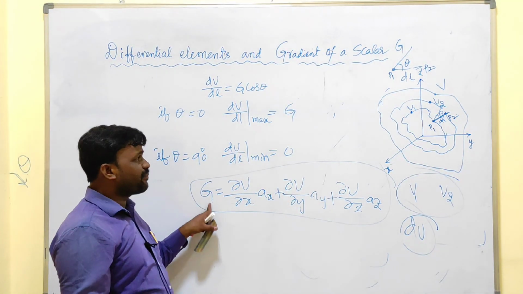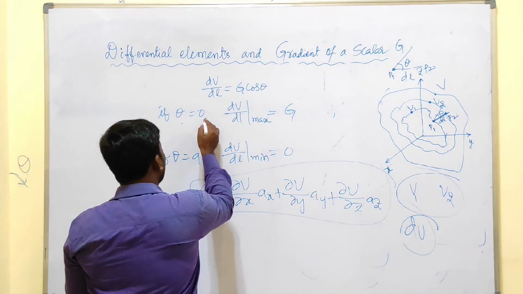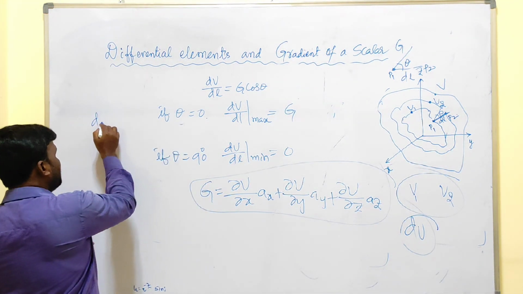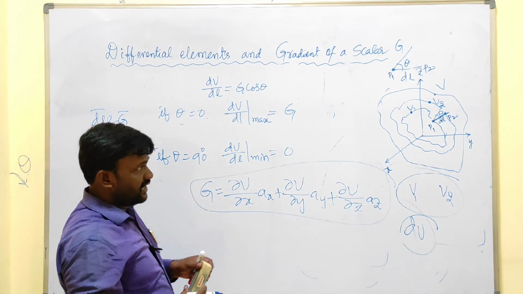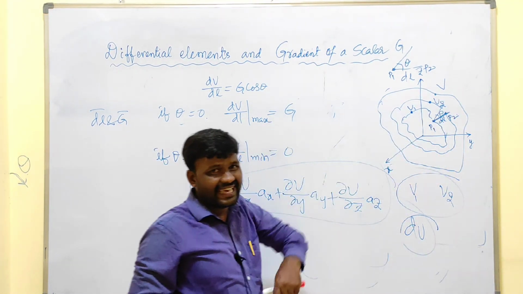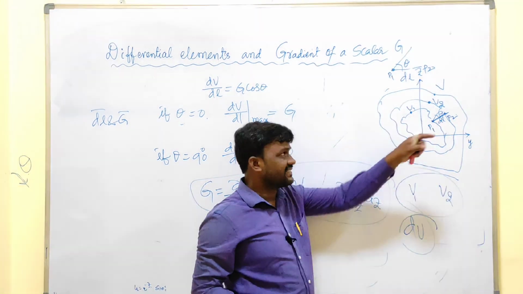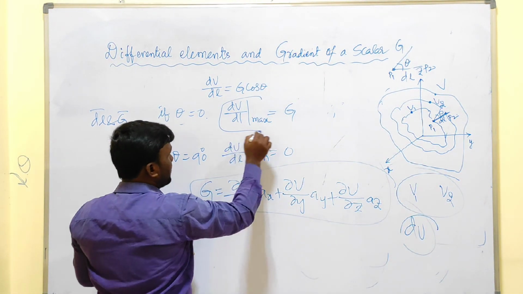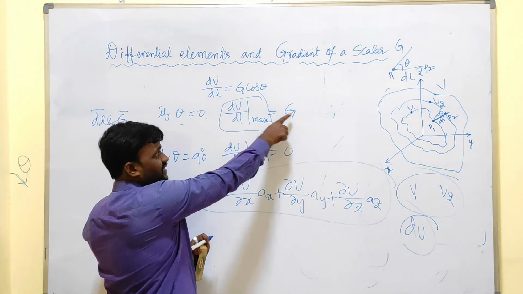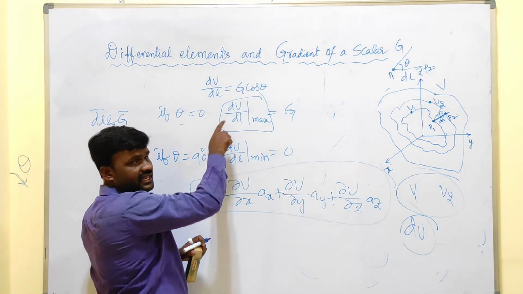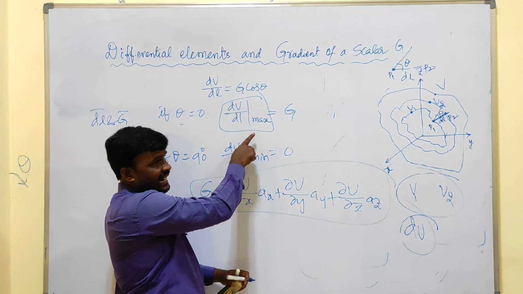What does this gradient represent? If theta equals 0, it means dl and G are both in the same direction. That means if the displacement is along the gradient direction, then you will get dV by dl as maximum. So the gradient of any scalar function V represents its magnitude and direction.